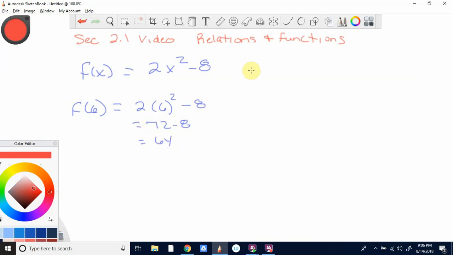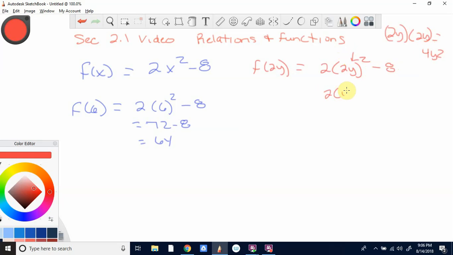Then they say, find f of 2y. So we're replacing the entire x with 2y now. Just because it's a variable, we're still doing the same thing. So it says 2 times what is x? 2y squared minus 8. Now remember, PEMDAS. That means 2y times 2y, which equals 4y squared.